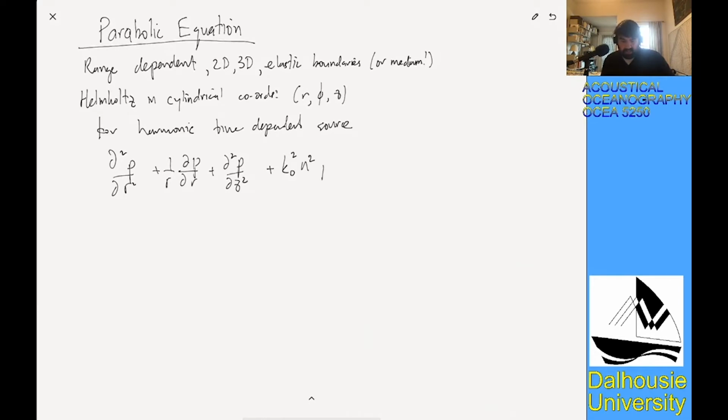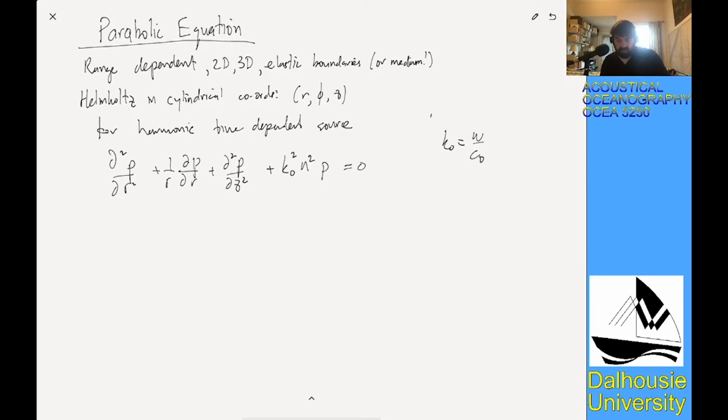I'm going to write that as k naught squared n squared p, where k naught is equal to omega over c naught. c naught is a reference sound speed. k naught will be the reference wave number.